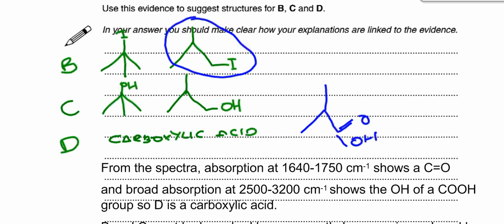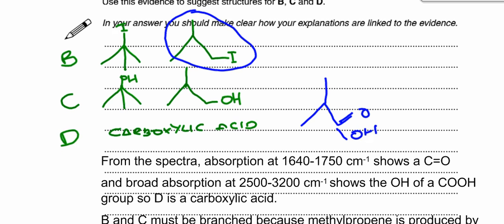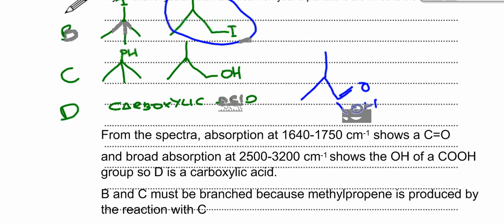So from the table, I've shown where I've got that piece of evidence from. Then to say why I think it's a branched isomer, B and C must be branched because methyl propene is produced by the reaction with C.